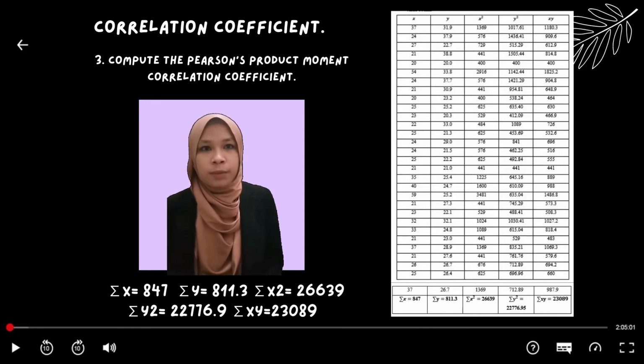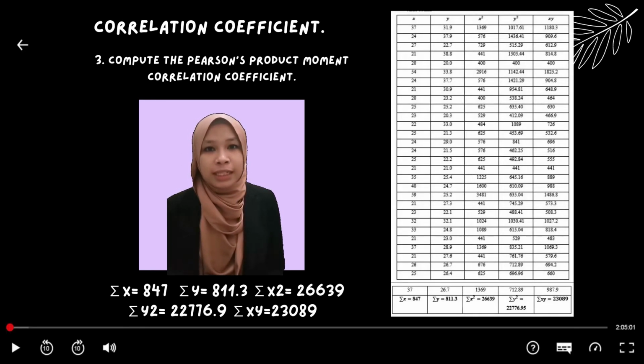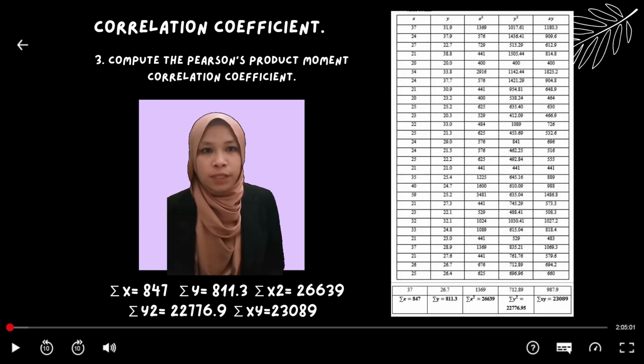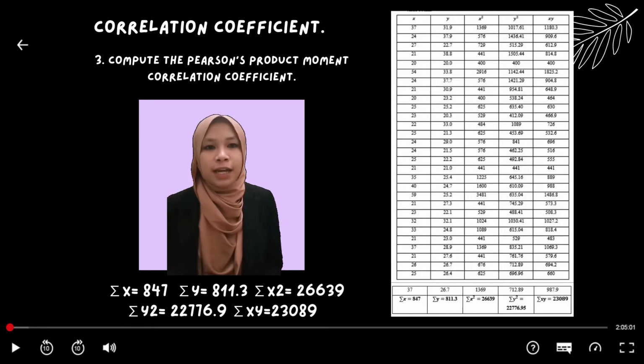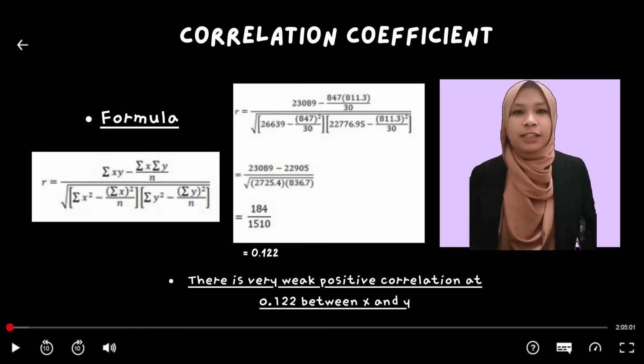The total of x, sum x, is 807, total for y, sum y, is 811.3, total for x square, sum x square, is 26,639, total for y square, sum y square, is 2,776.95, and the last one, sum xy, is 23,089.